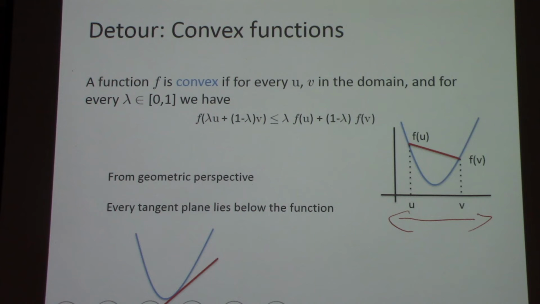For any u and v, and for any lambda between 0 and 1, if you measure the function value at a point anywhere between u and v, that value has to be less than the line joining f of u and f of v. So f of lambda u plus 1 minus lambda v should be less than or equal to lambda times f of u plus 1 minus lambda times f of v. That's the formal mathematical definition of convexity.